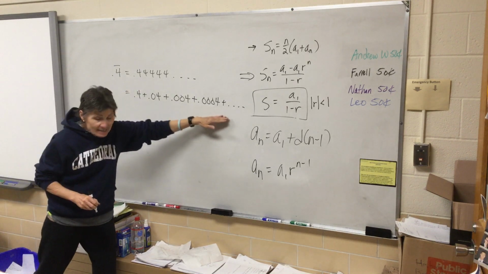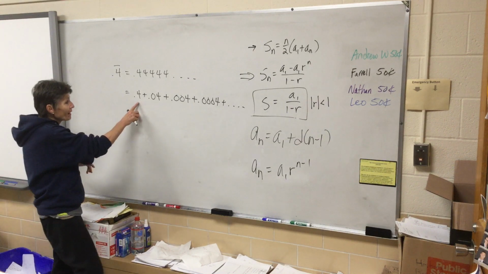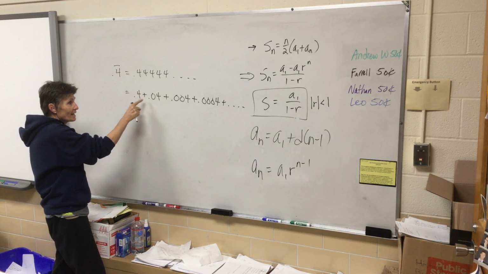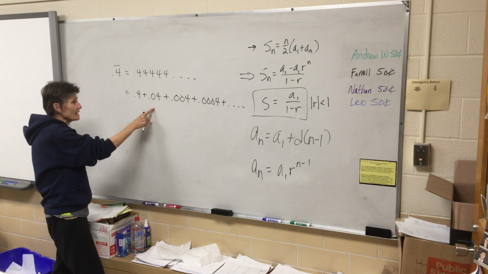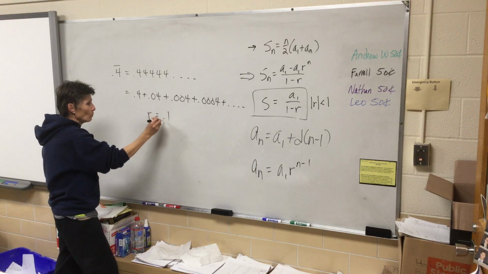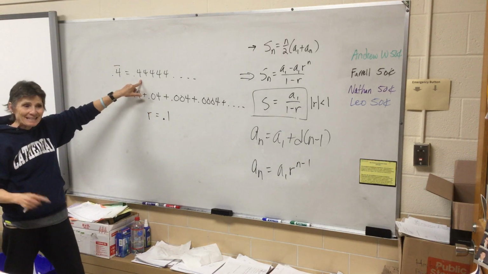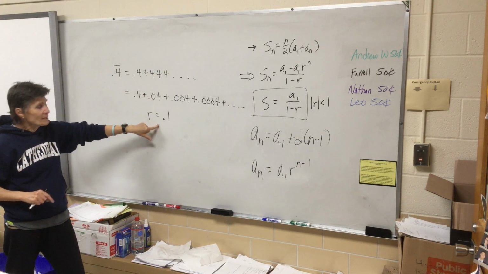This is an infinite geometric series. How am I getting from term to term? What do I multiply this by to get this? Yep, so my ratio is 0.1. When there is one repeating decimal place, your ratio will always be 0.1.